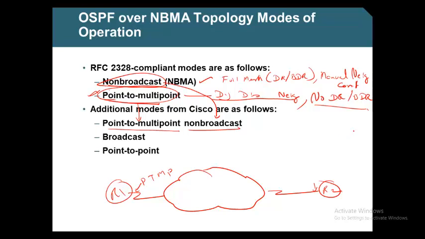And what is the best on the first one? Manual neighbor configuration is best. Here, neighbors are dynamically discovered. It sounds like a best one, but it is not the best one. Why? Because this is India and this is Australia. And I got a public network here.